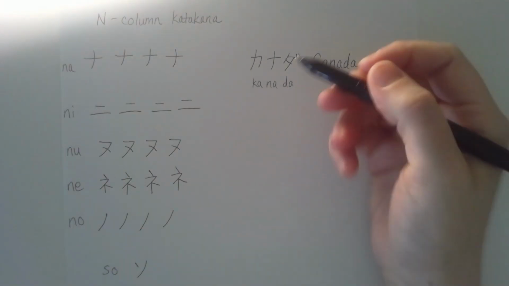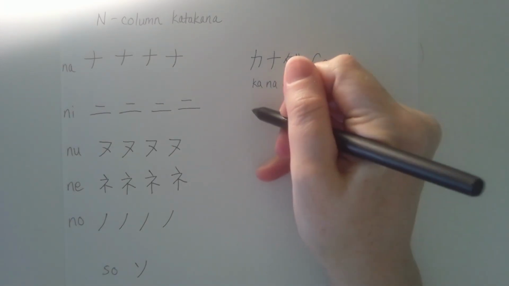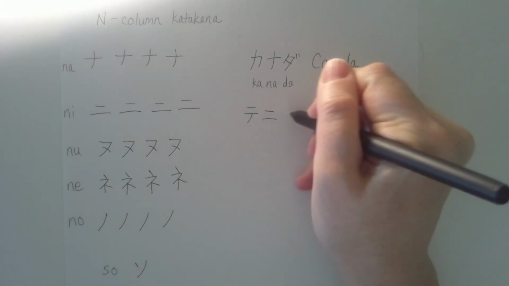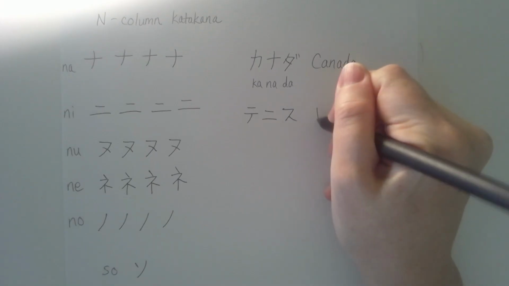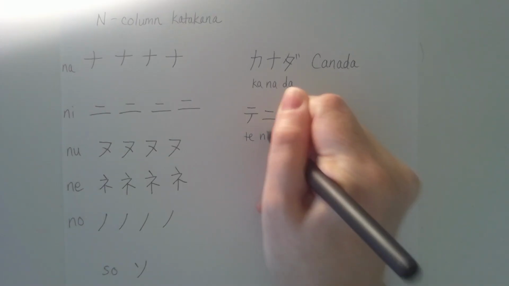For ni, we're going to do tennis, which is tenisu. So we need a te, ni, and su. That's tennis.